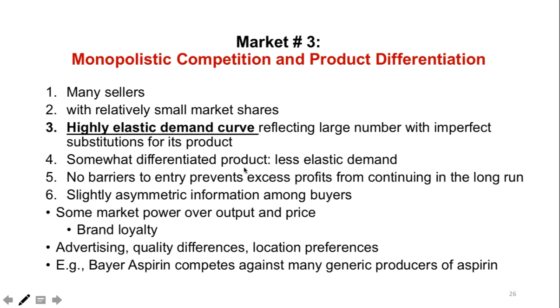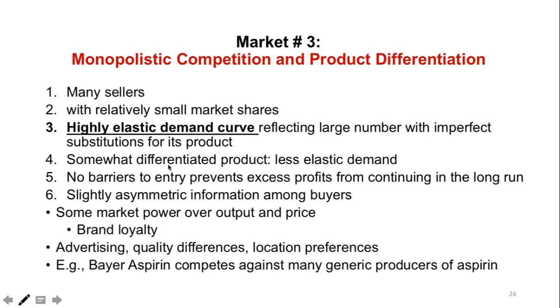So that means they have a less elastic demand curve, because they have some loyal customers for their product, such as brand name T-shirts, or branded medicine, such as Bayer's aspirin over generic aspirin.